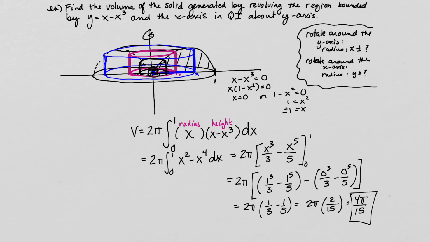So y is x times the height. So x is the radius. So remember, if I unfold the cylinder, it becomes a rectangle, and we're trying to find the area, and then we're going to add up all the areas to get the volume. So the area of a rectangle is length times width. So in our case, our width is the height, and then the length is the circumference.